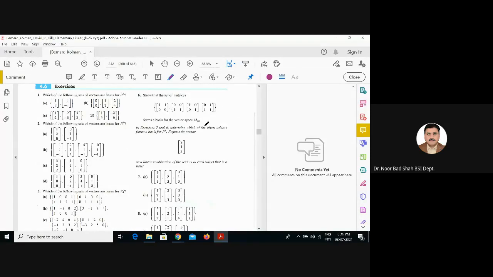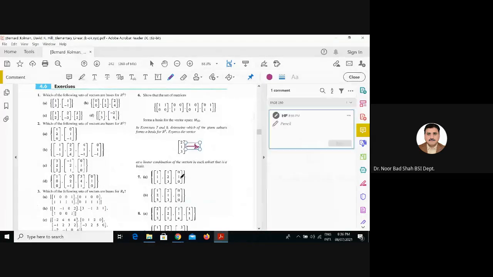Now it says in question 7 and 8, determine which of the given subsets forms the basis for R3 and express this vector as a linear combination of the vectors in each subset that is a basis. So you do the same steps as question number 2, but you have to do the last step, an extra step. Whichever is a basis, you would express this vector as a linear combination of those vectors. It may or may not be a basis.